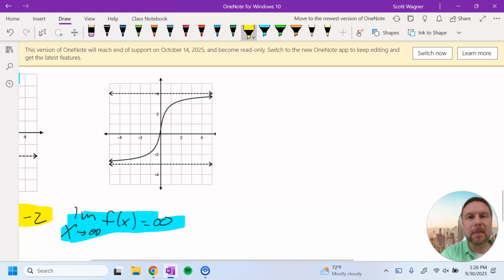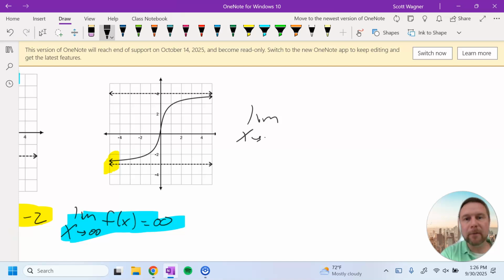If I said this side of the graph, I could say the limit as x approaches negative infinity, because I'm going to the left side of the graph, of the function is going to equal, well, it looks like it flattens out to that horizontal asymptote at negative 3. So that's what that left side goes to. All right, last one.